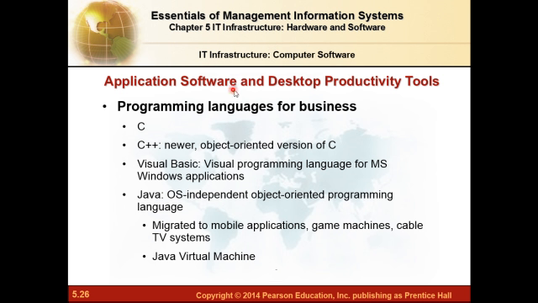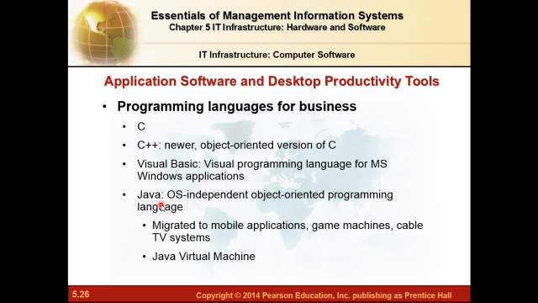Next, the application software and desktop productivity tools. In this layer, we have the programming languages for business. The popular one is C, and then C++, the newer object-oriented version of C. The next one is Visual Basic, a visual programming language for Microsoft Windows applications that is widely used by programmers to build programs or systems for the user.